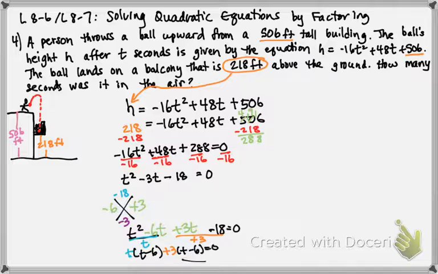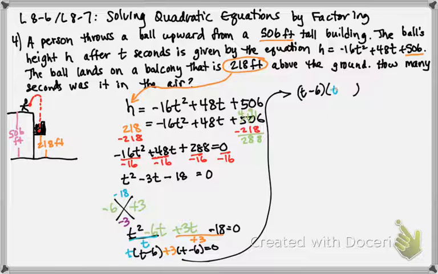So I'm going to continue over here. Together, there is a t minus 6. And what's left behind is a t plus 3. And that equals 0.